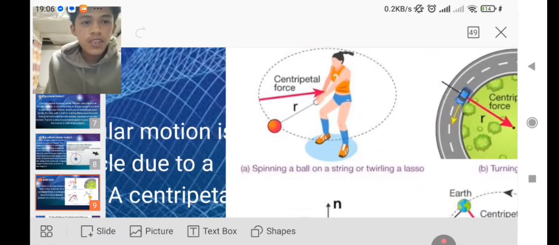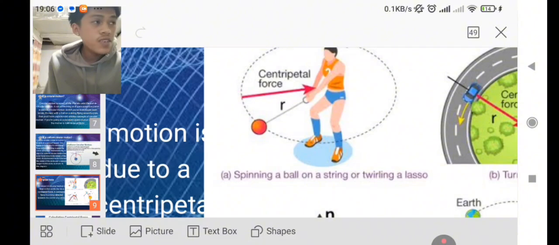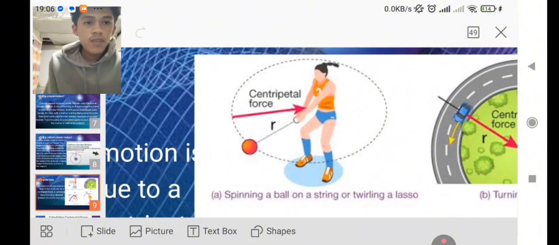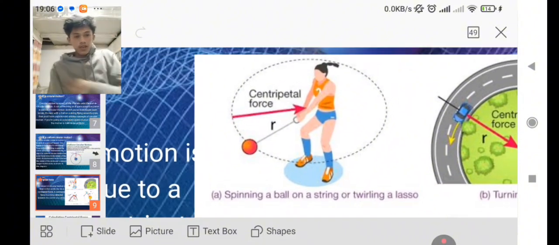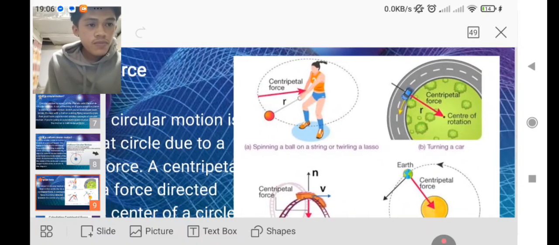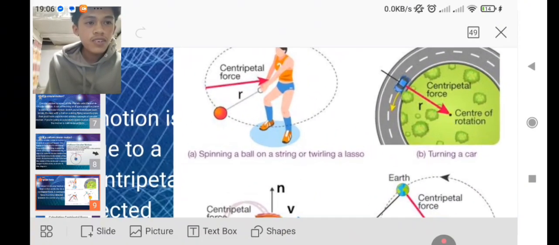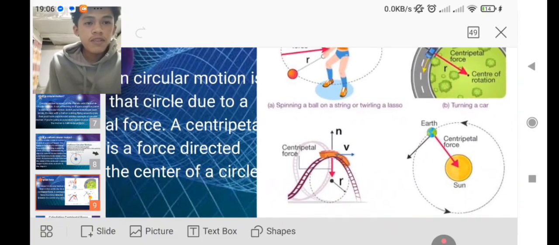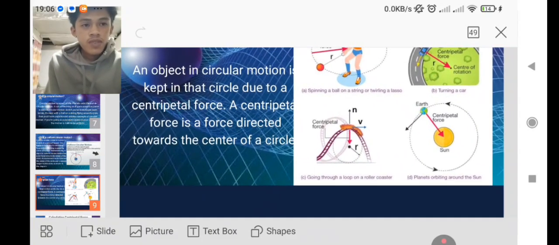Parang example, spinning a ball on a string or twirling a lasso. So ang force gikan siya sa tunga. Turning a car, centripetal force gihapon siya.